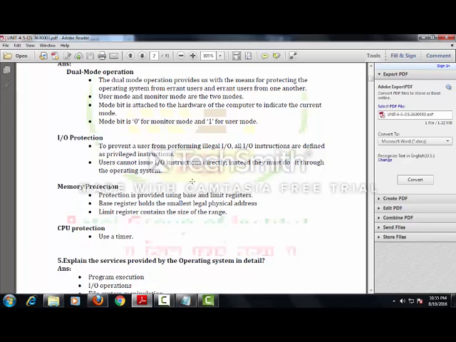Second, users cannot issue input output instructions directly. You cannot directly give the input output command to the input output devices. You need system software, that means you need an operating system in between the user and the input output devices. So if you want to use the input devices, you must use the operating system in between.